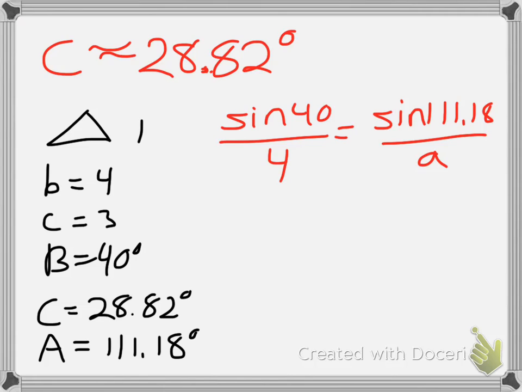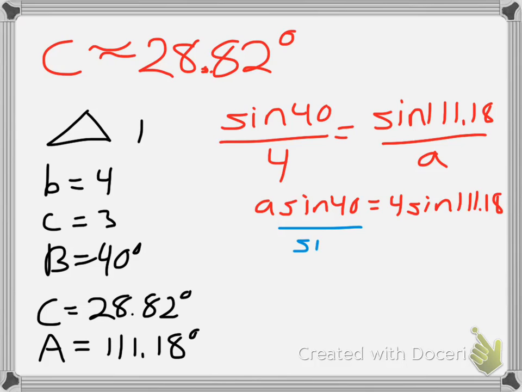To solve, I will cross multiply, and let me do one intermediary step. A sine of 40 equals 4 sine of 111.18. To solve for A, I'll divide each side by sine of 40. Remember, sine of 40 is just a number. So don't think of it as, well, shouldn't I divide by 40 or just by sine to cancel them out? Remember, it doesn't work that way. Sine of 40 represents one whole number.